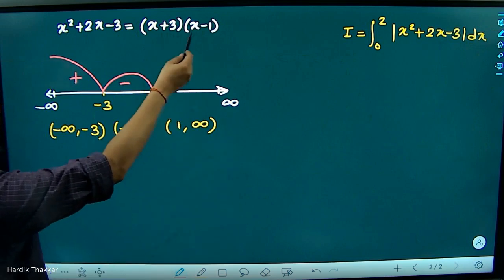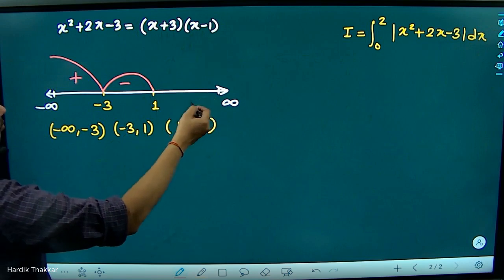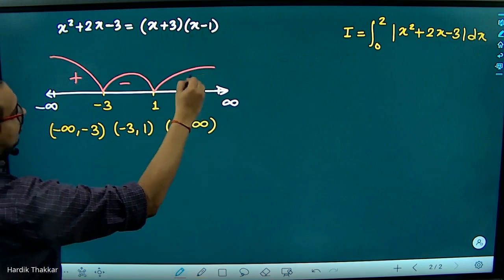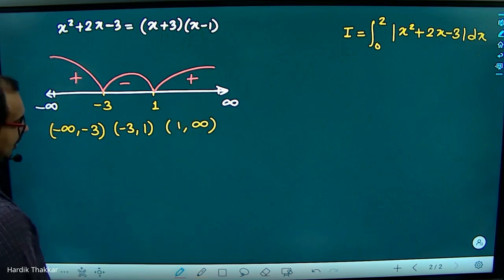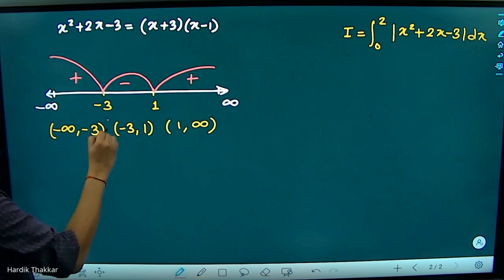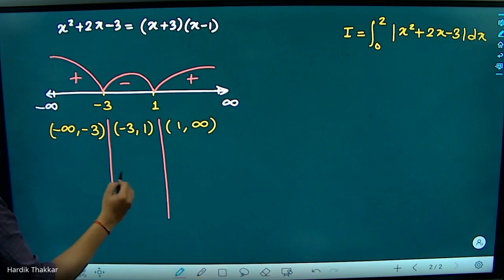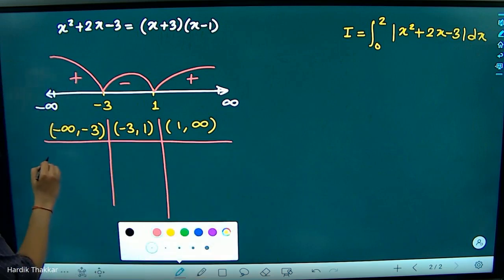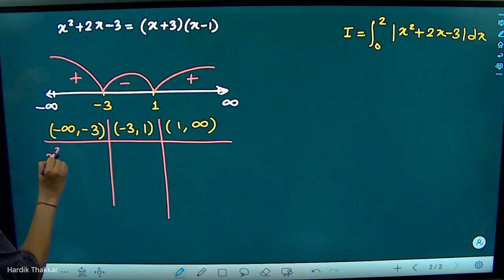Like if we put 0, we'll get negative. For any number more than 1, like 2, we will get positive. So for the first interval, the function will be x square plus 2x minus 3.